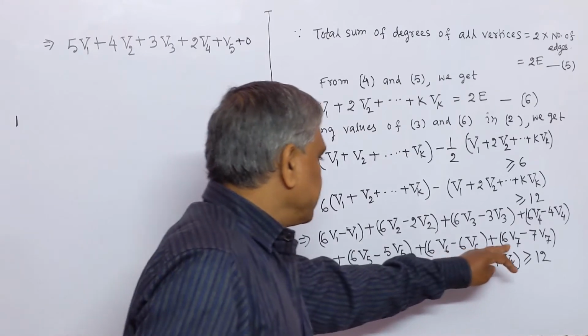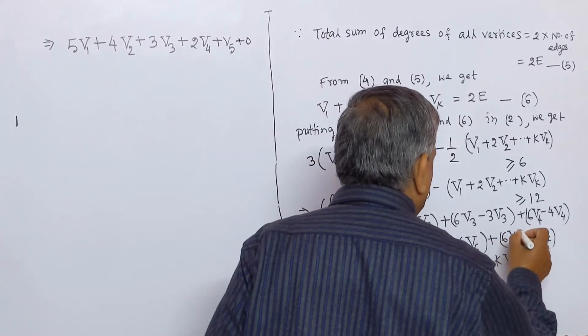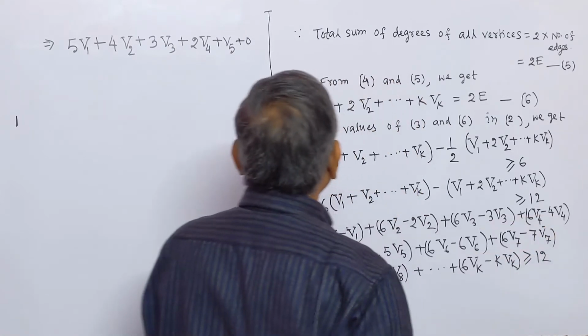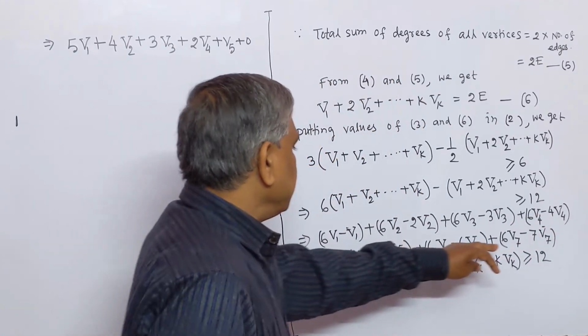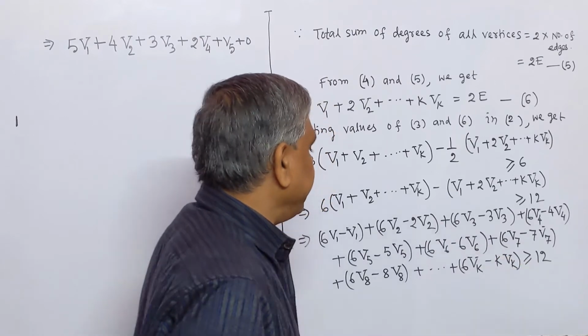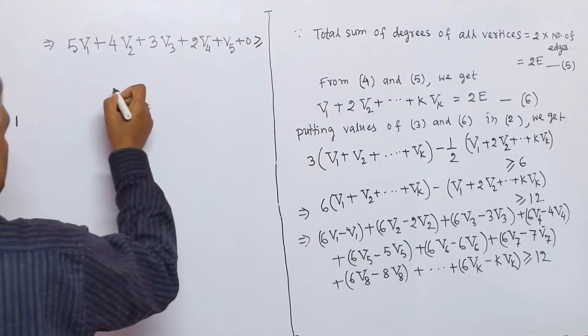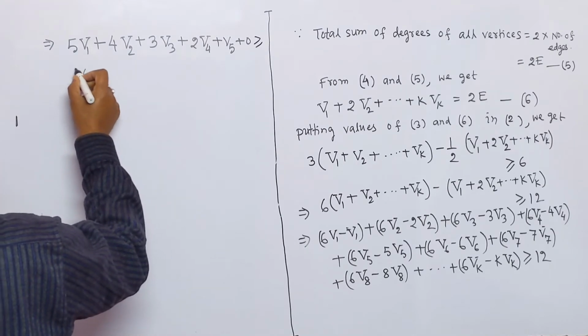Here we see that 6V7 minus 7V7 is minus V7. We take this negative quantity to the right side. This is greater than or equal to V7.